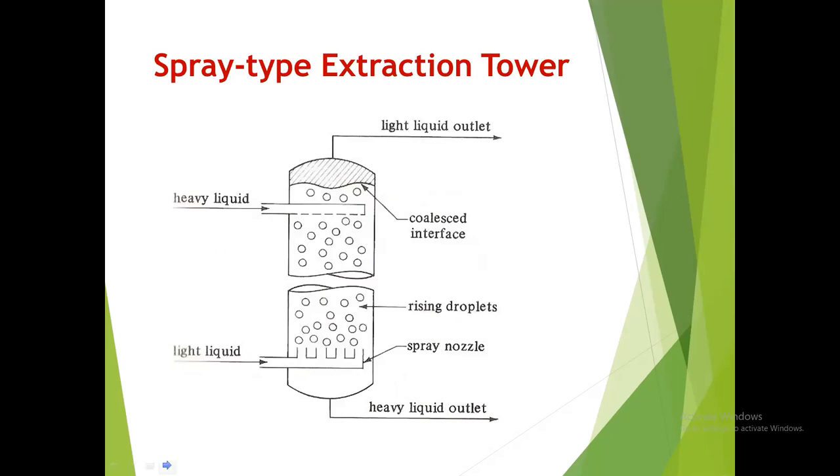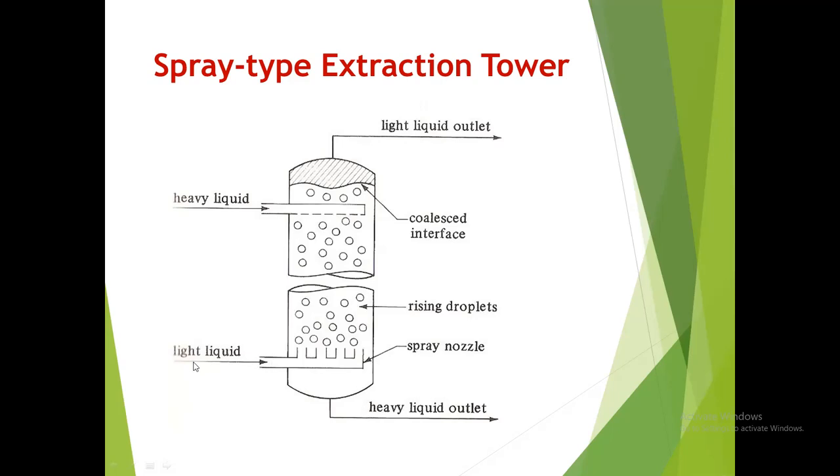Now we have spray type extraction towers, just like absorption towers and stripping towers, and we also have packed extraction towers. In spray type extraction towers, we have the heavy liquid or the feed introduced at the top. So your heavy liquid goes down. As it goes down, it comes in contact with the light liquid that is dispersed through the spray nozzles.